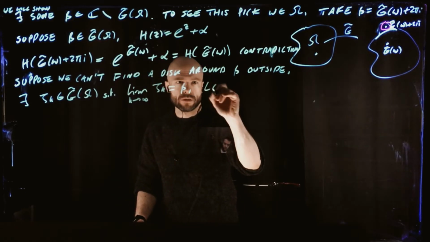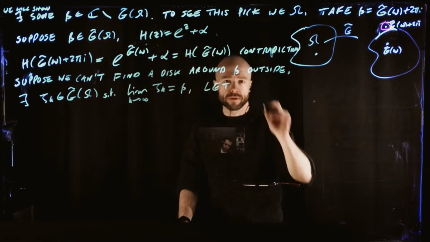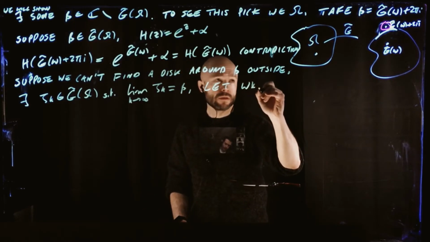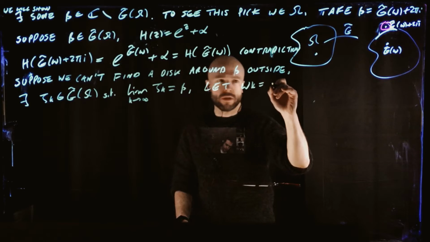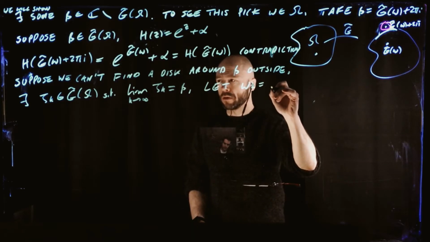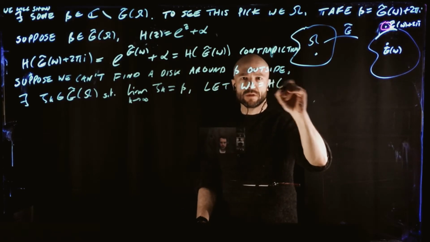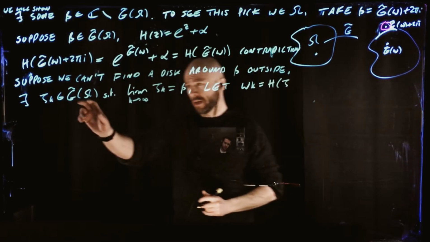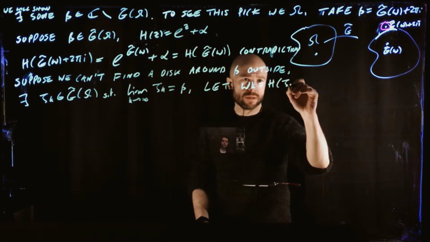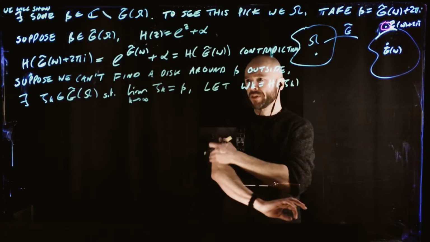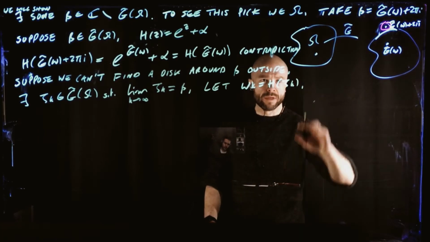So then let wk be h of these points. They're inside this set, so we can invert them like this. And what do we know?